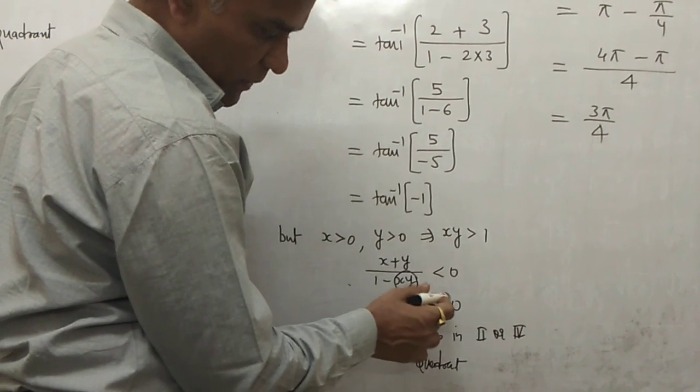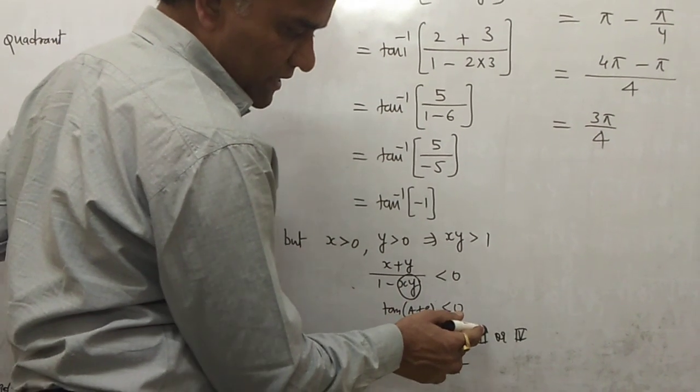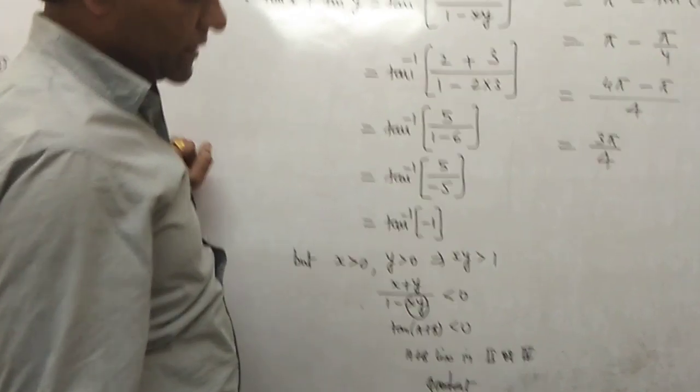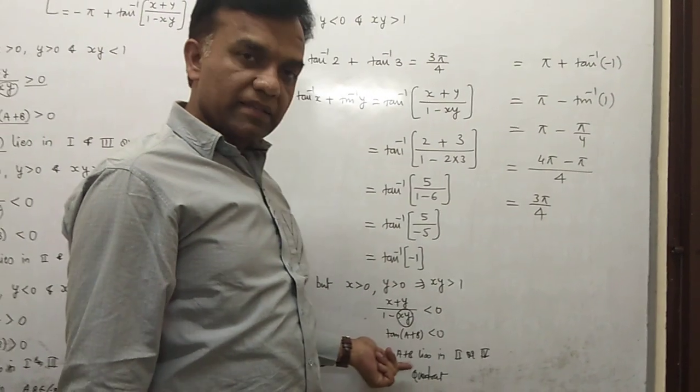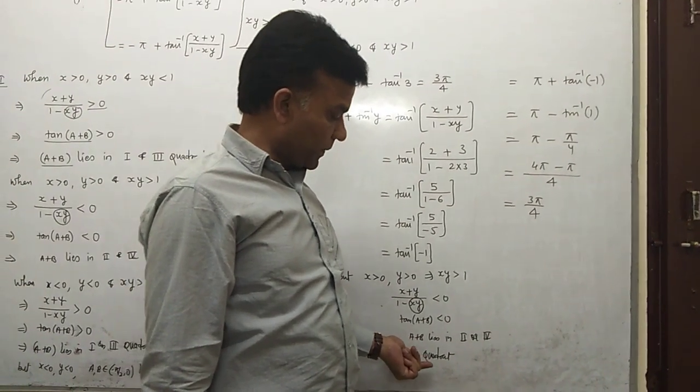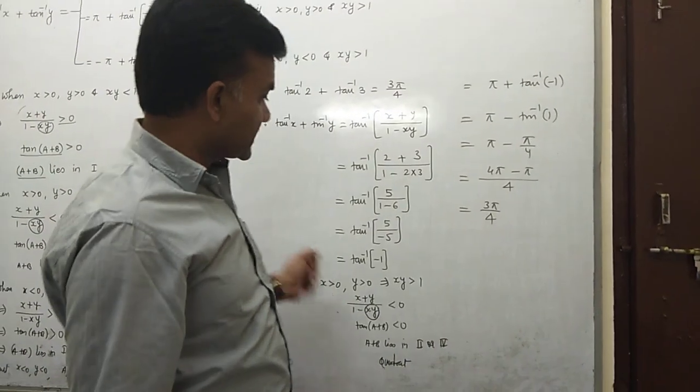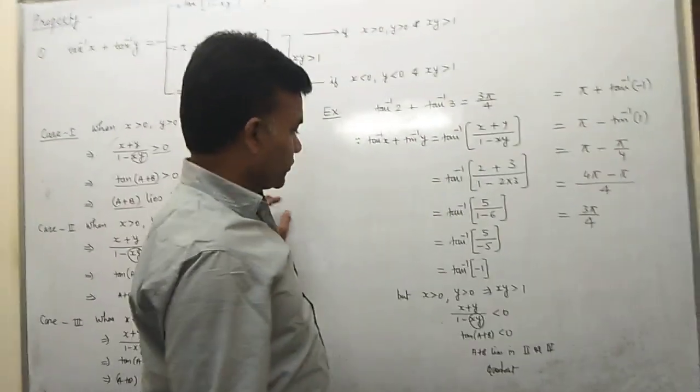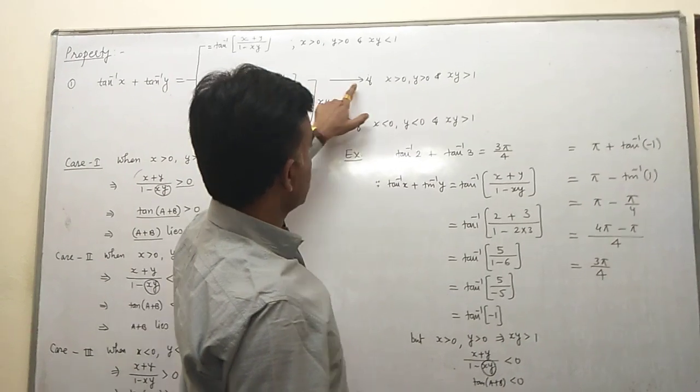Now tan of a plus b is less than 0, so a plus b lies in the second or fourth quadrant. So the sum of the angles is lying in this plane. So now, the first condition we have here is the one we belong to.